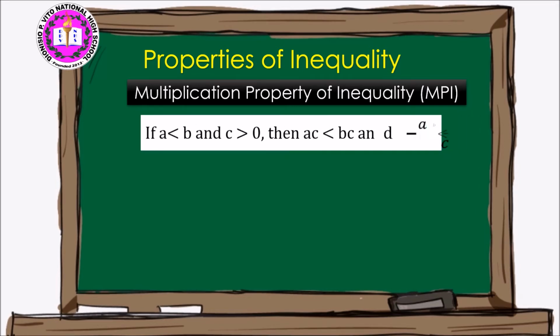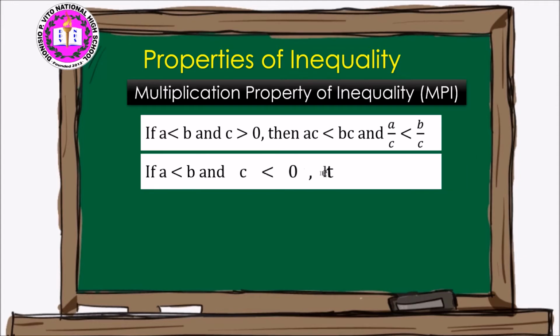If a is less than b and c is greater than 0, then ac is less than bc and a over c is less than b over c. Another is if a is less than b and c is less than 0, then ac is greater than bc and a over c is greater than b over c.